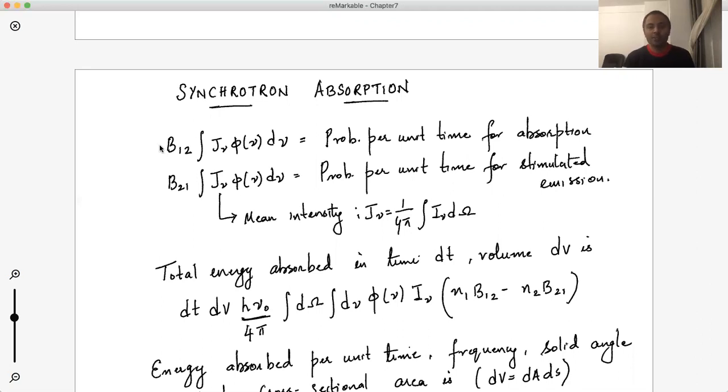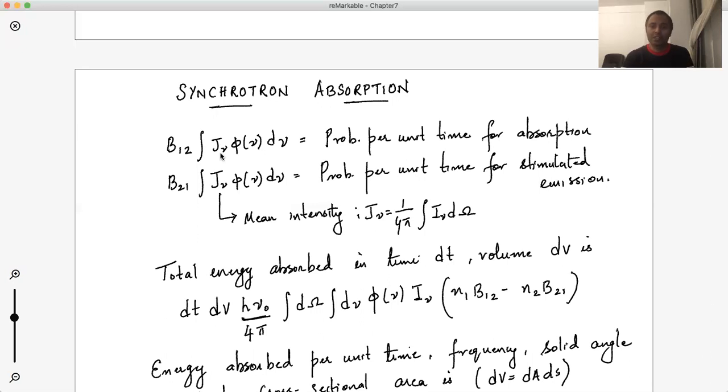We define B12 times this integral as the probability per unit time for photoabsorption. So what's in this integral? You have the line profile, phi nu, which has units of per hertz. The d nu has units of hertz, and in the end, the units of hertz cancel out. So phi nu is the profile function, and J nu is the mean intensity of the radiation.